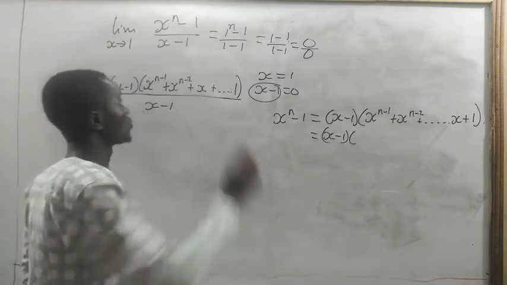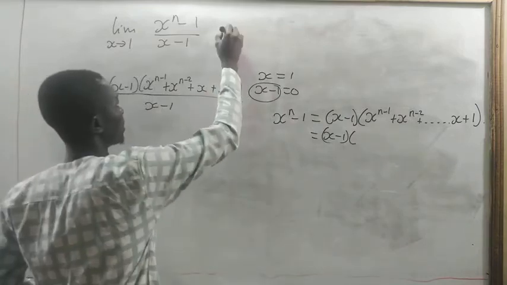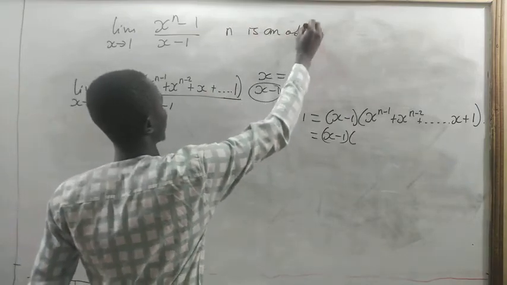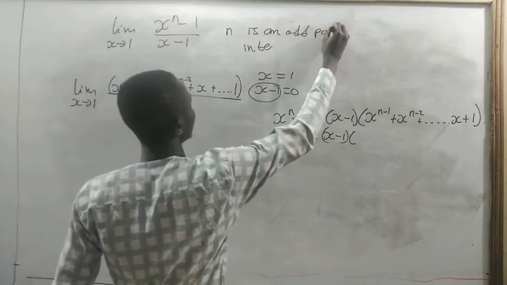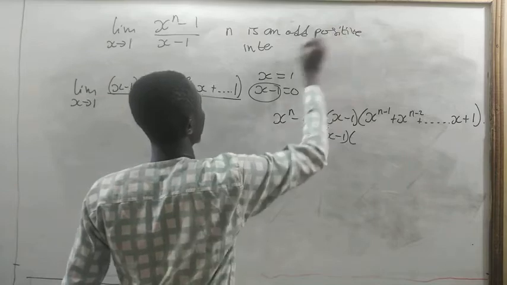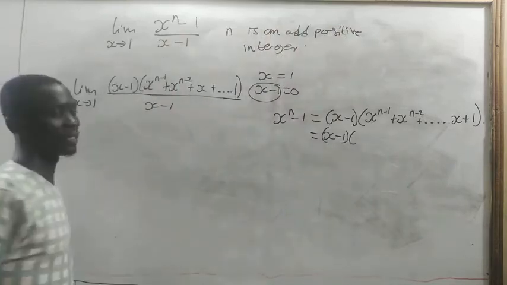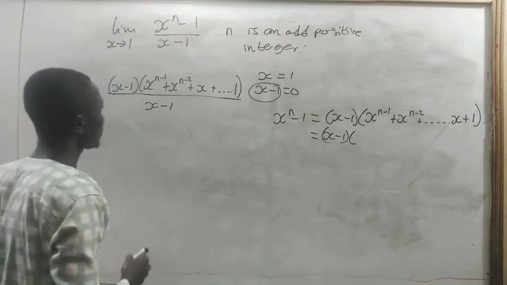The basis of this question is that we take n to be an odd positive integer. Yes, I should have attached this to the question, where n is an odd positive integer.